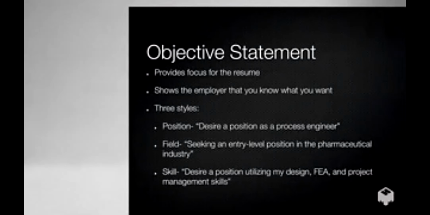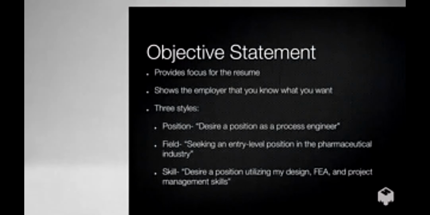If you're going broader, you're looking at a specific field altogether. What kind of field are we looking at? In this example, seeking an entry-level position in the pharmaceutical industry, okay? Is it specific? Yeah, in terms of level. It's also specific in terms of the industry.